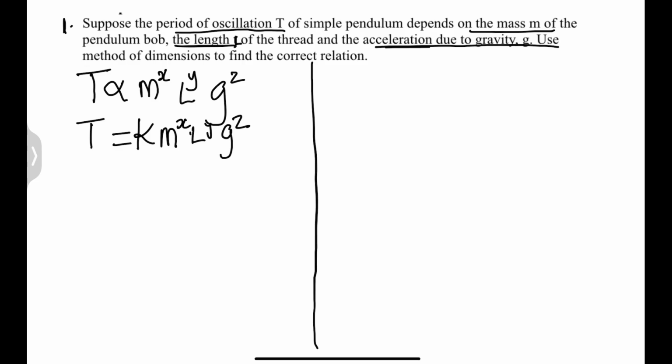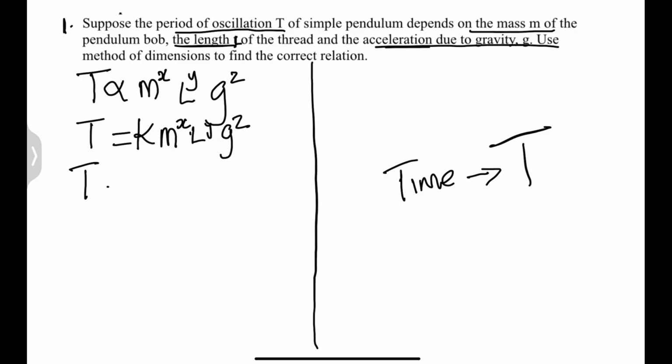So what we're going to do now is that period in physics is the time taken to make one complete oscillation. So time, emphasis on time, guys. The dimension for time is T. So I'm going to write T here because that's the dimension for time. I told you the next step is to convert everything into the dimensions.